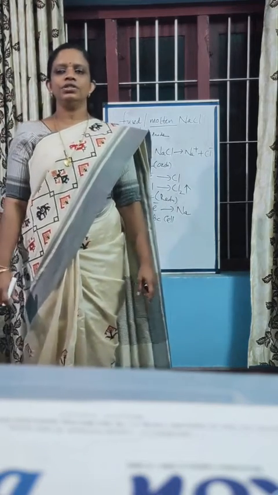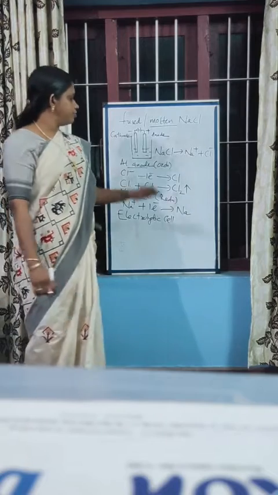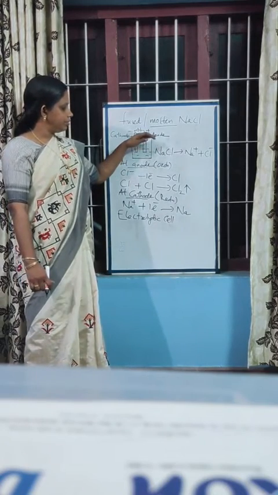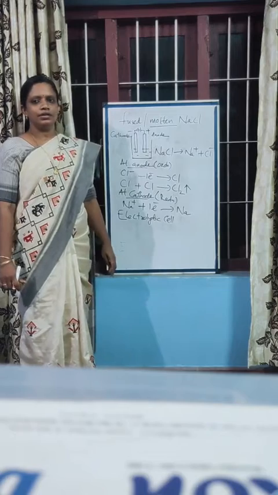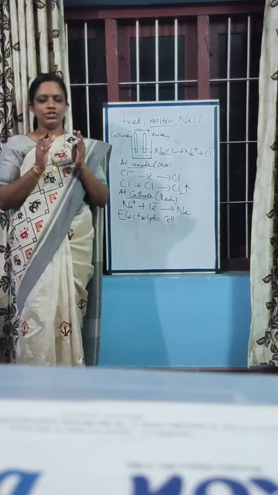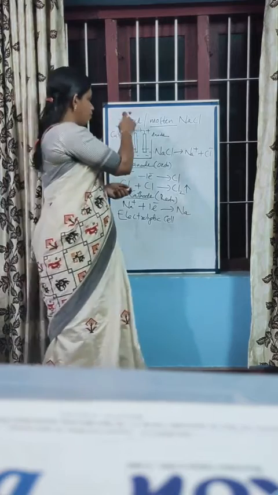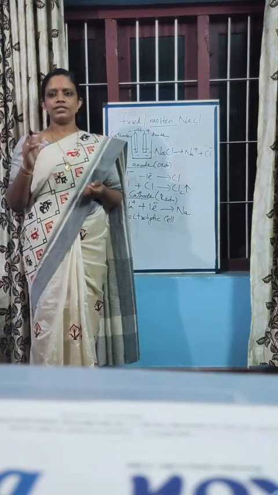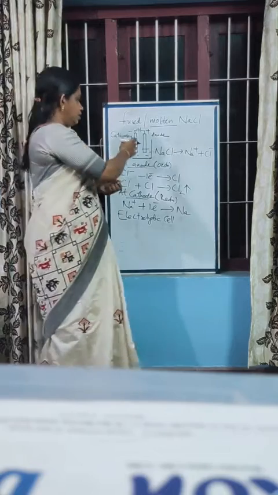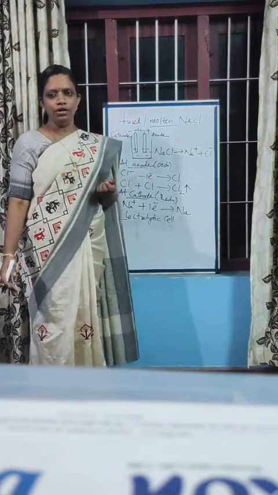Is there any doubt? You have to remember all these equations. Just imagine the situation. First we took sodium chloride in the system. By the passage of electricity, it decomposed into sodium ion and chloride ion.